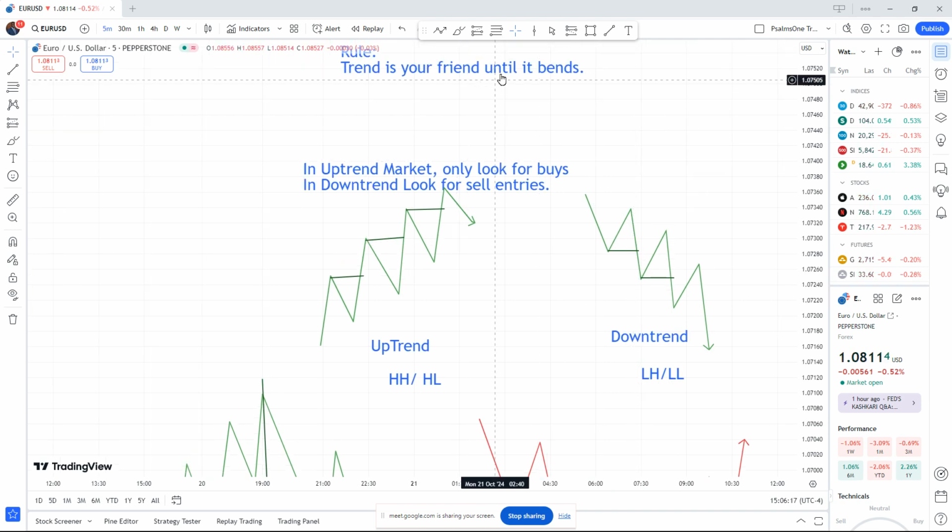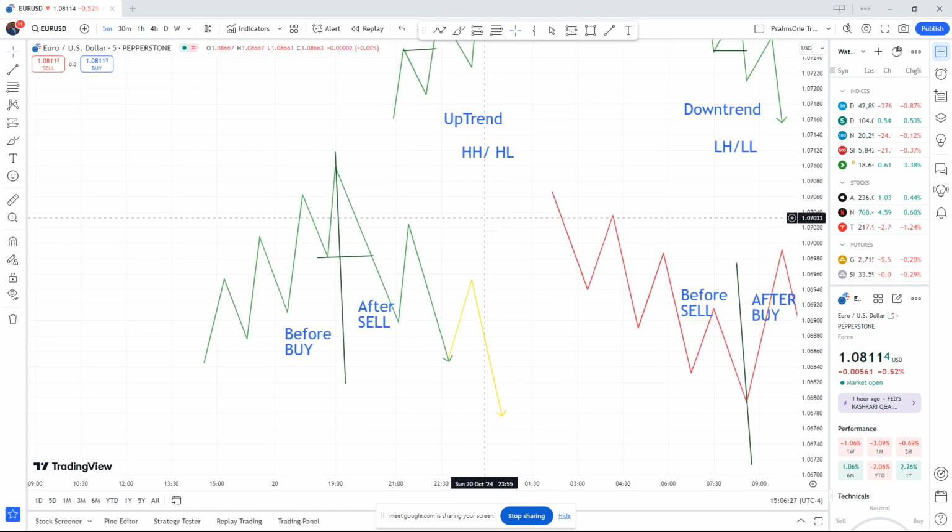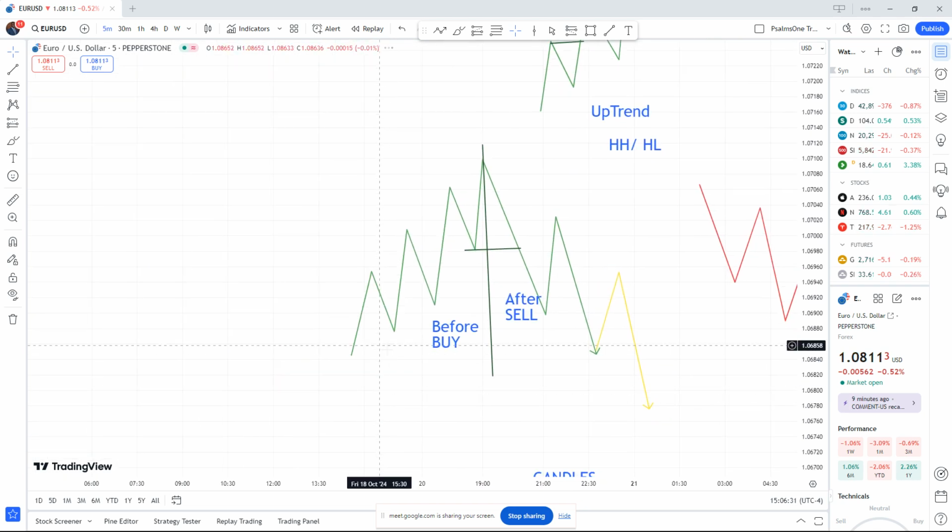The rule says the trend is your friend until it bends. That means the trend can change.